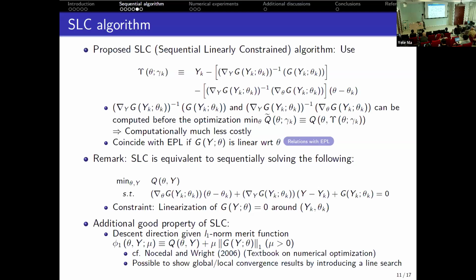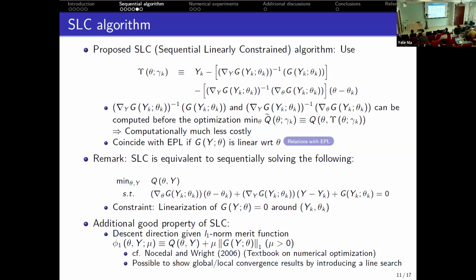And basically, SLC is closely related to NPL that I mentioned before. And SLC coincides with NPL if the constraint function g(Y, theta) is linear with respect to theta. And concerning the SLC, we can easily show that SLC is equivalent to sequentially solving this constrained optimization problem.